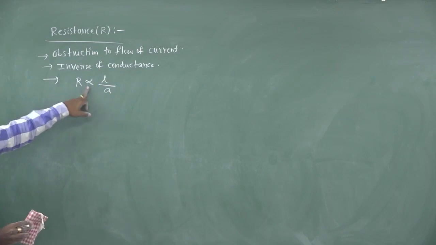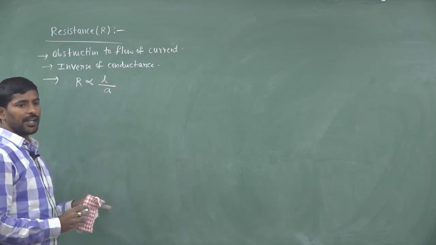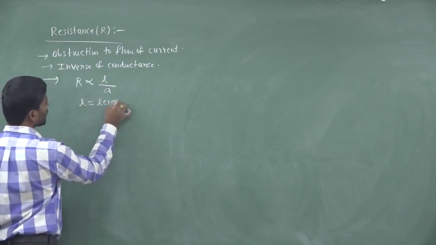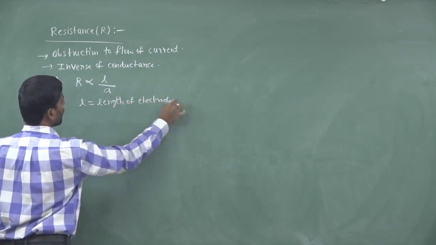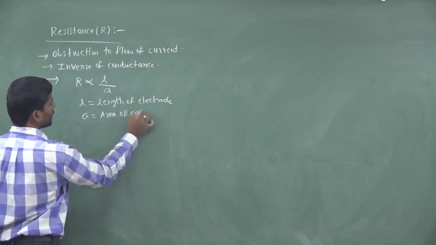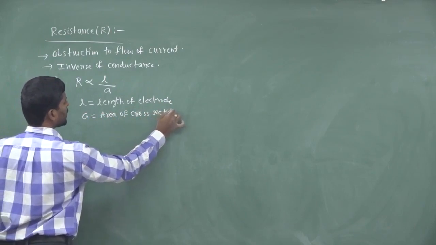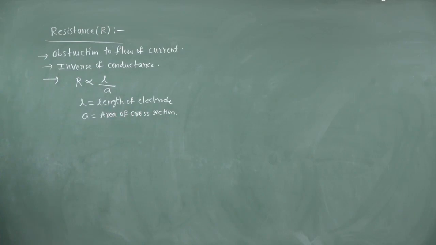Here L is nothing but the length of the electrode, and A is called the area of cross section. Area of cross section is related to what? Thickness of the electrode.